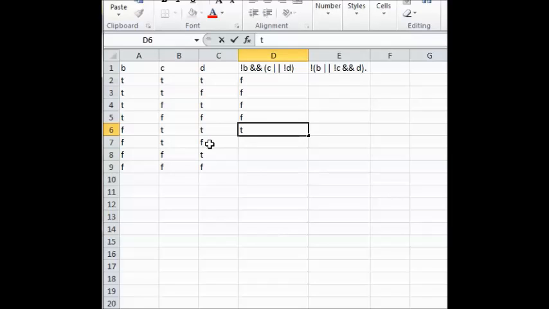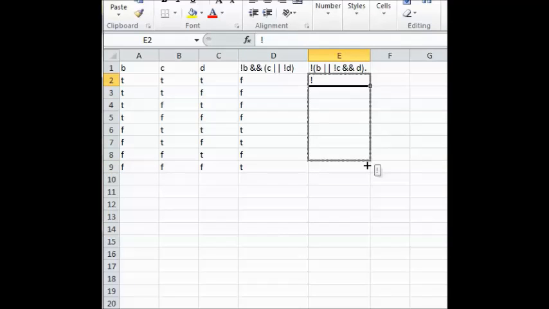True, not false, would be true, so that makes that one true. False or not true would be false, so that makes this one false. Then false or not false, this would make this one true. Okay? So this is the negation of whatever this says. All these are the opposite.